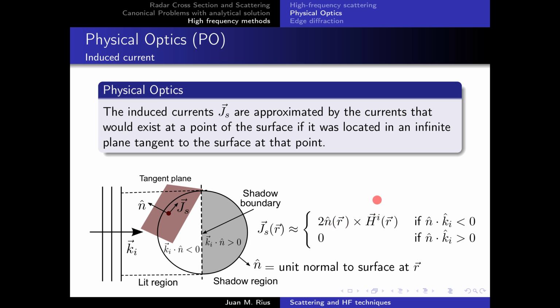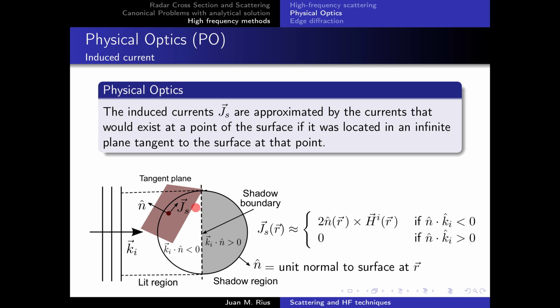So in fact it is a tangent component rotated 90 degrees. Observe that the normal to the surface can depend on the location along the surface, because if the surface is curved, the unit normal is not constant and it varies from one point to another.